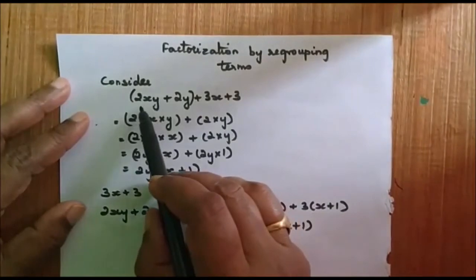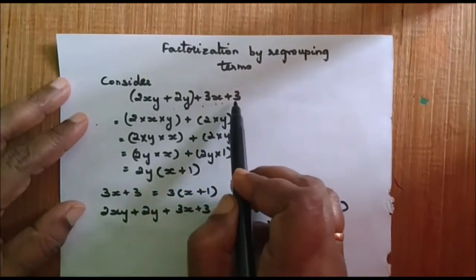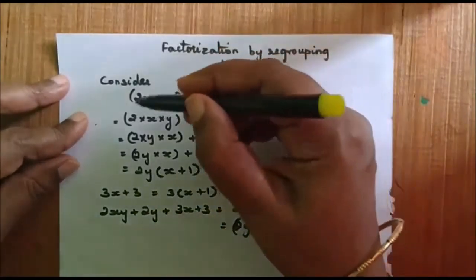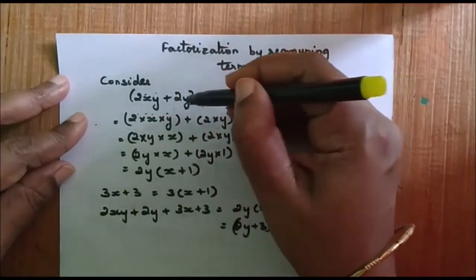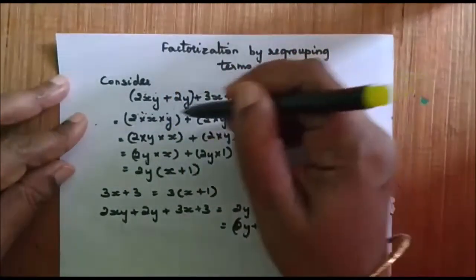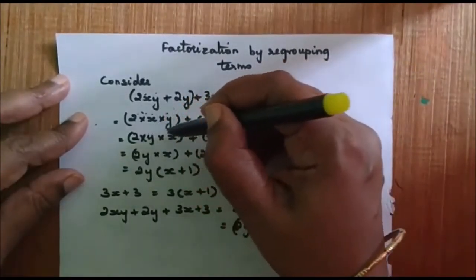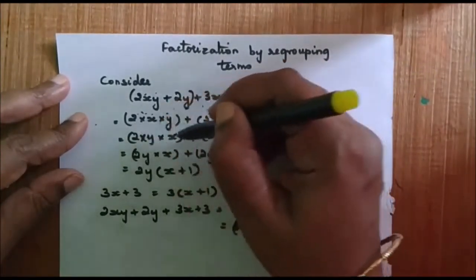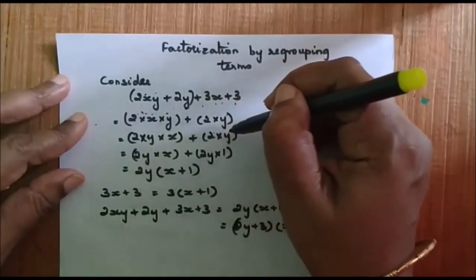That is, if I am given an expression 2xy plus 2y plus 3x plus 3, we can write this as 2xy can be written as 2 into x into y, 2y can be written as 2 into y. Now what is common in both the terms? 2y is common. So 2 into y into x plus, I am rearranging the order, that is all, 2 into y into x plus 2 into y.